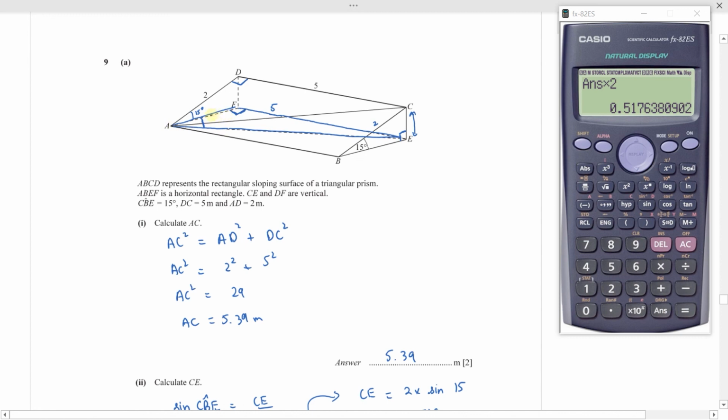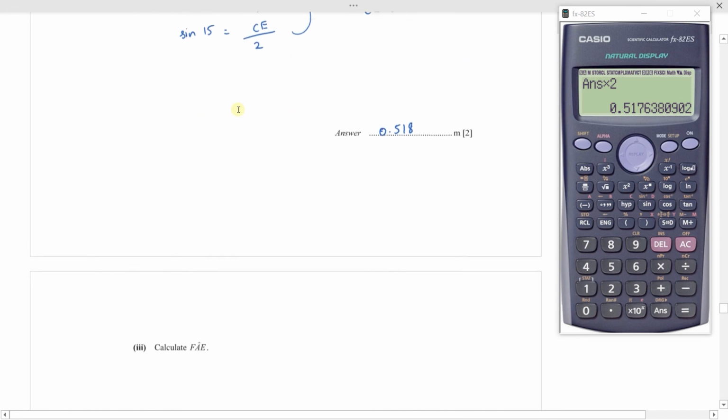AF will be cosine of this 15 degrees. So for calculating AF, I'm using this triangle DAF. So let me mark that as well. So this is the triangle that I'm looking at right now. And for this, I have hypotenuse 2 and AF is unknown. So let me write this down.